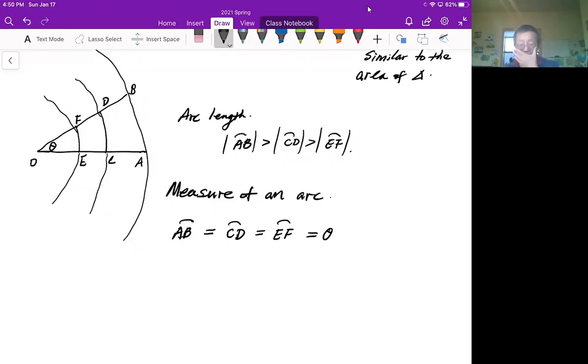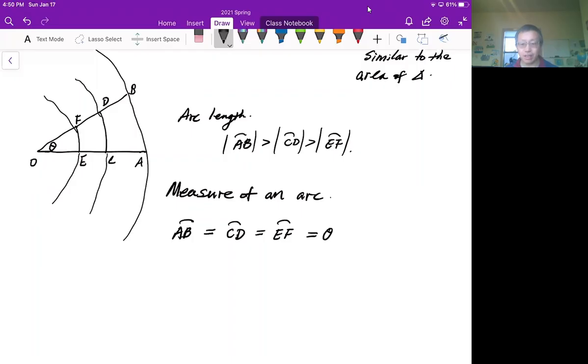We're going to prove that later on, but at this moment it doesn't matter. Basically, the measure of the arc is the same as the angle corresponding to that arc. Everyone understand that?